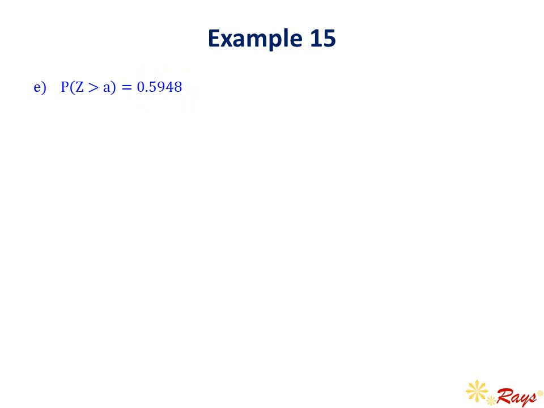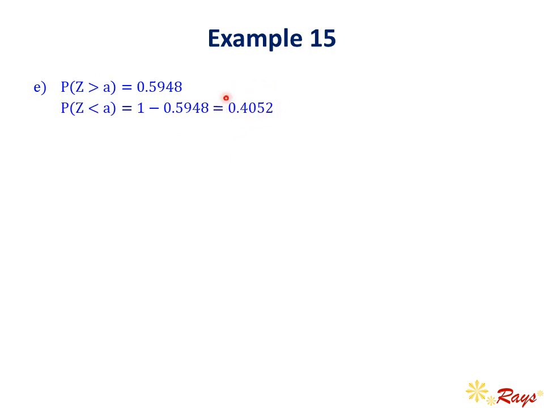So when the greater than sign is given, it means it is referring to the area on the right. But because it is greater than 0.5, the area has crossed over to the left tail area. So it's just like what we did before. Instead of finding A referring to the bigger area, now we find A by referring to the smaller area on the left.